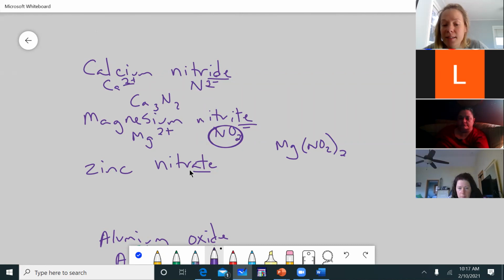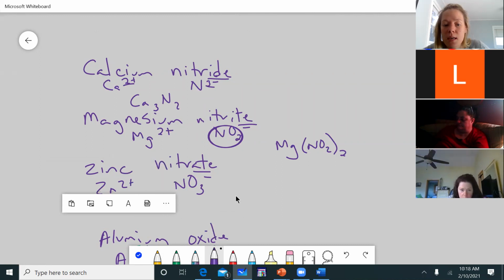Zinc nitrate, again, when you see ATEs or ITEs, you want to just check your polyatomic ion sheet. Zinc is a metal with always a 2 plus charge. Nitrate is NO3 with a minus charge. From there, we're going to flip flop. So zinc, I get 1. Nitrate, I get 2.